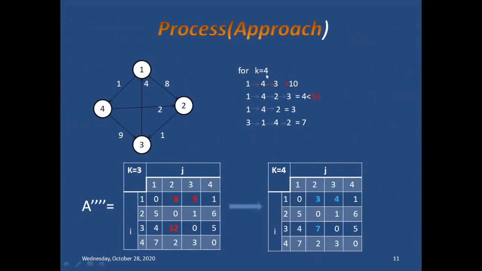When k equals 4, we can go through vertices 1, 2, 3 and 4.